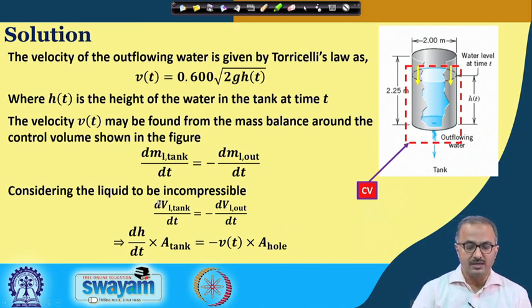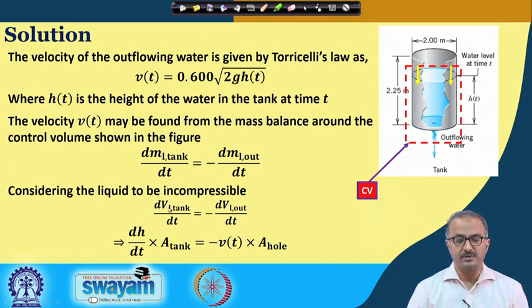Now, you see how we write the volume of the water in the tank: it can be written in terms of the height of the water level times the area of cross section. Because the area of cross section is constant for the tank, we can take it out of the differential, and we are putting dH by dt as the change in the level of water inside the tank.